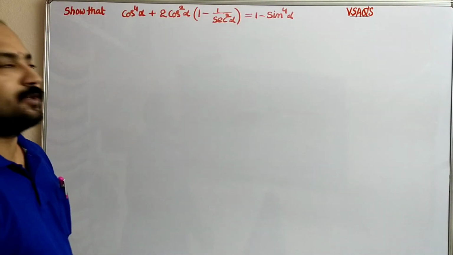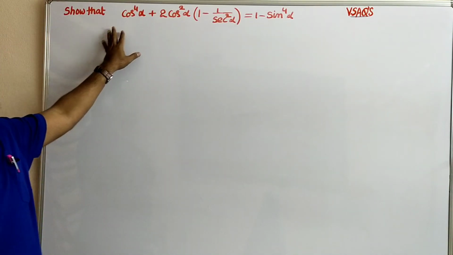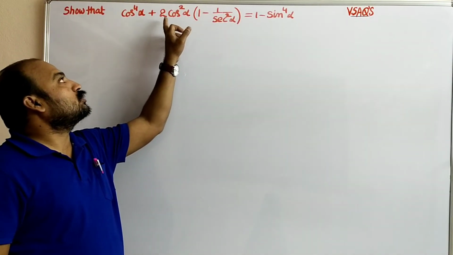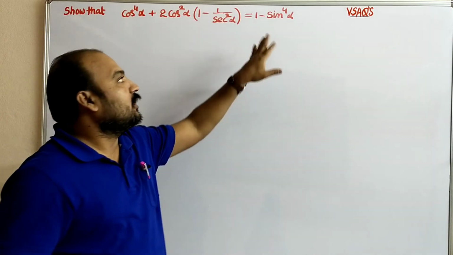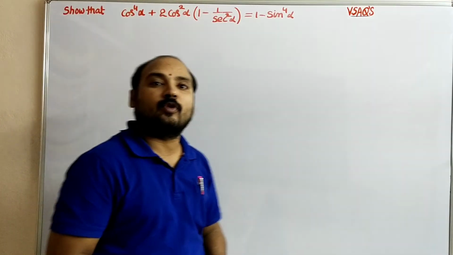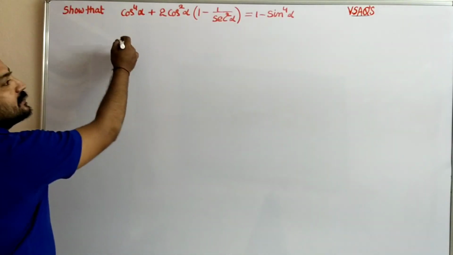See the next question. Show that cos power 4 alpha plus 2 cos square alpha into 1 minus 1 by secant square alpha equal to 1 minus sine power 4 alpha. Consider LHS.